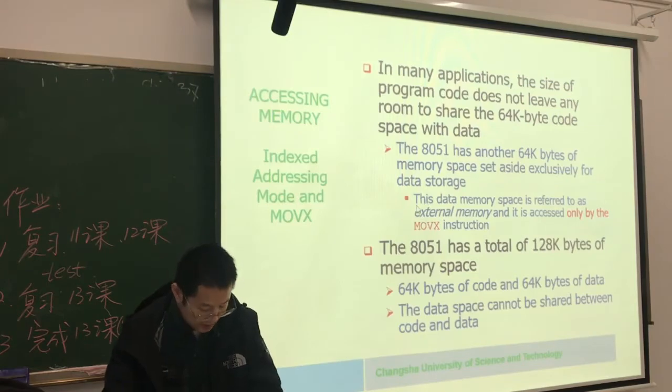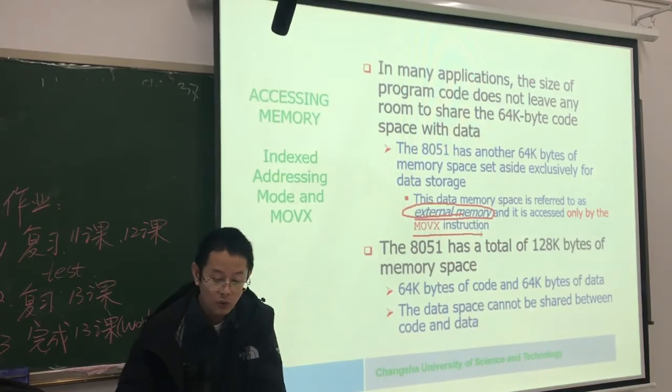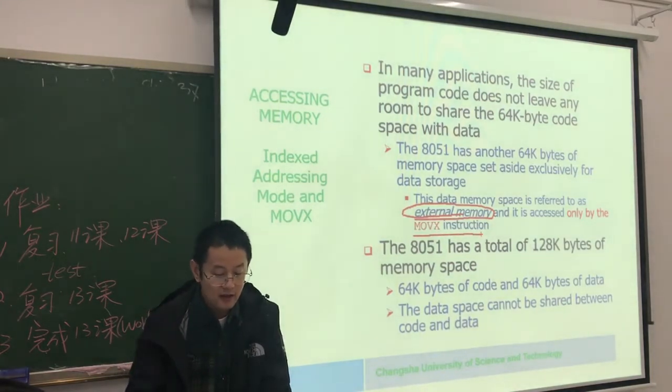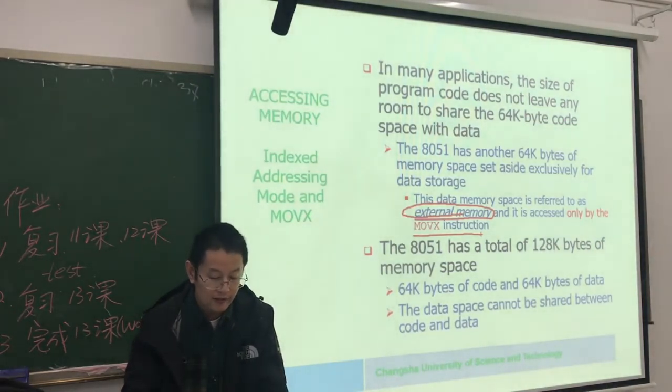This data memory space is referred to as external memory. It is accessed only by the MOVX instruction. So if you want to access external memory, you need to use the MOVX instruction.